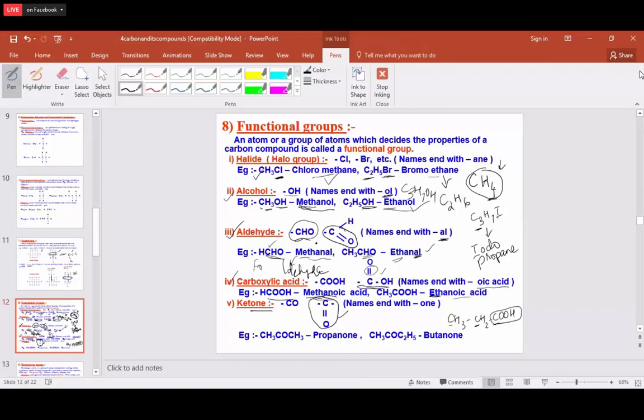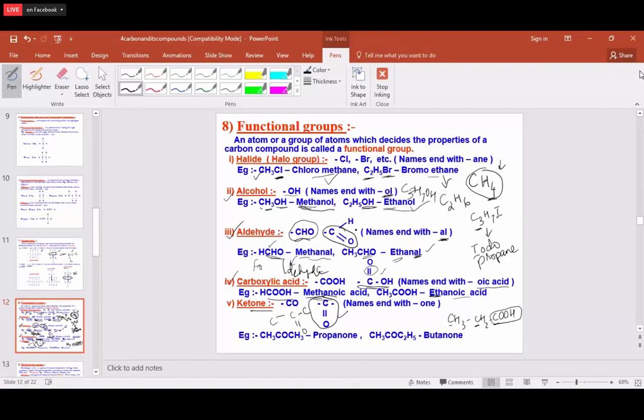In aldehyde, one of the bonds has to be made with one hydrogen atom. But in the ketone, the C double bond O, both sides it has to make a bond with carbon atoms only. So that is the difference between the aldehyde and the ketone.